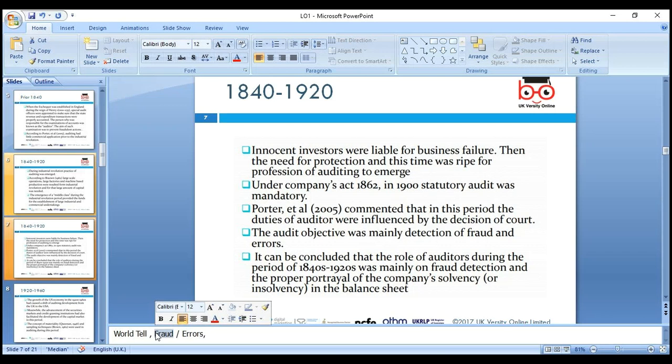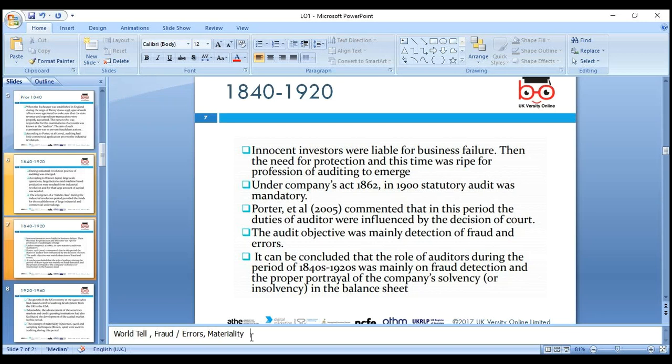With error, you record the transactions but you missed a few invoices. But has anybody heard about materiality? Materiality, anything that is of significant value. Well done.